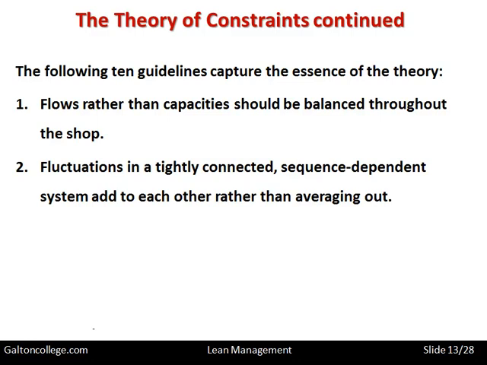Fluctuations in a tightly connected, sequence-dependent system add to each other rather than averaging out. Fluctuations don't necessarily average out. Fluctuations in the system may add to the complexity of the system and add to the problem.